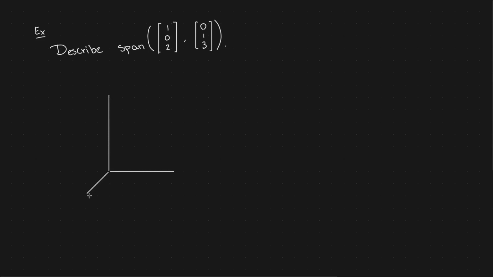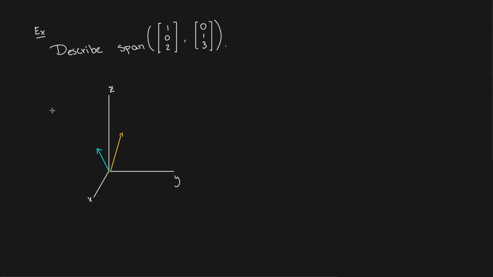So if we have two vectors that are, in a sense, independent from one another in three-dimensional space, and I'll just draw them very roughly here. 1, 0, 2 might be kind of like that in the XZ plane. 0, 1, 3 would be kind of like that in the YZ plane. So we have two vectors.